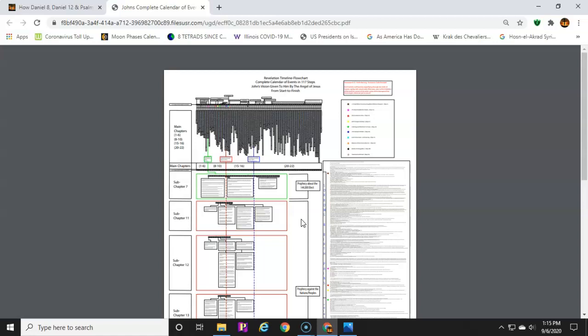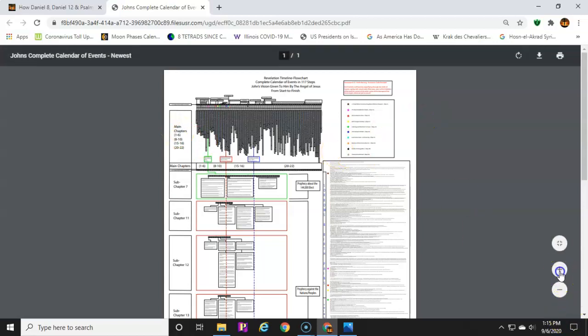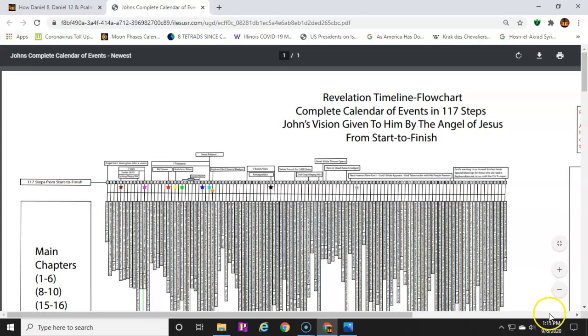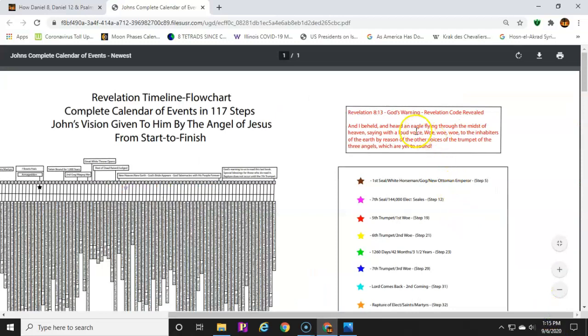There's multiple things that you can look at, but you need to understand how to read this book properly and why this warning up here is so important in Revelation 8:13, and why God tells us to watch that 5th, 6th, and 7th trumpet, that each have an additional woe, and how it affects how we can see the sequence chronologically through the Bible. And I'm going to explain how that happens as we go through here.